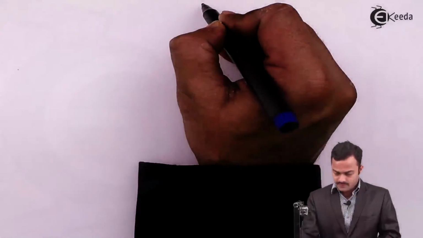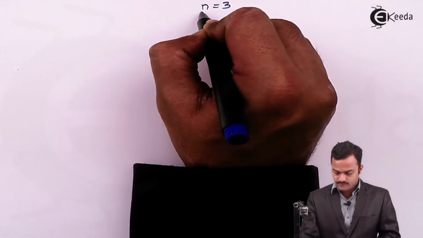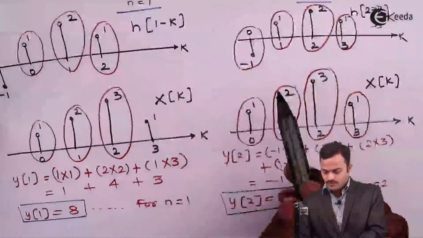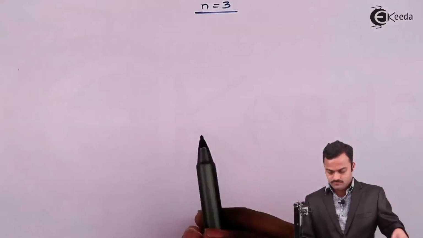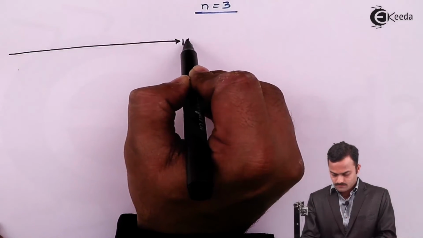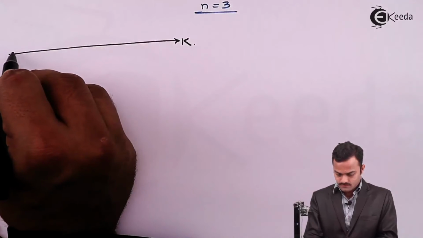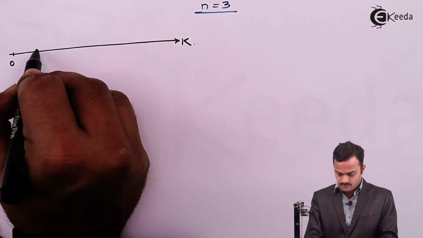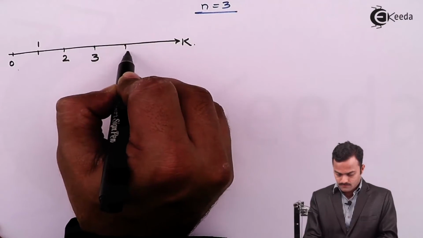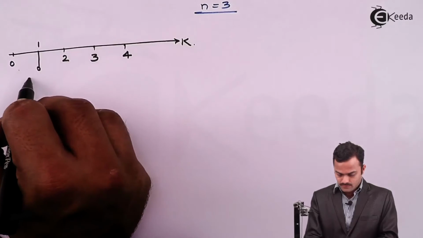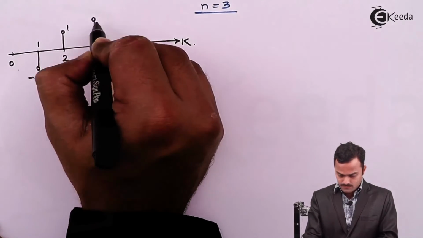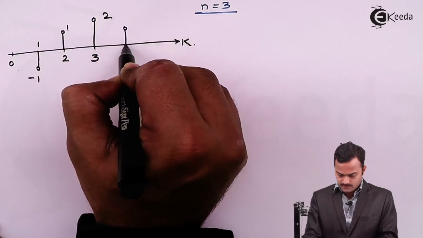So we will have n equal to 3, where this will have the span from 1 to 4, with the values minus 1, 1, 2, and 1.